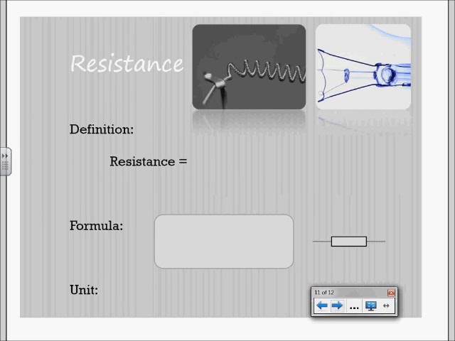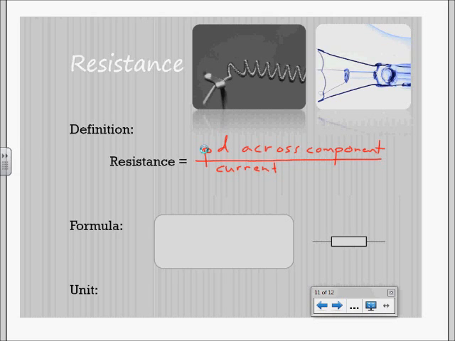Resistance is simply defined as potential difference across a component divided by current through a component. Don't start mucking around saying how hard it is for current to flow, all that sort of thing.